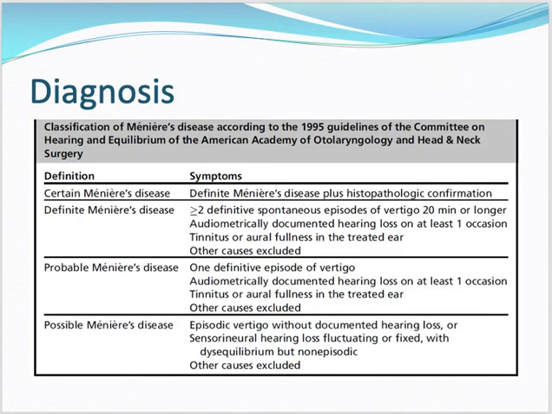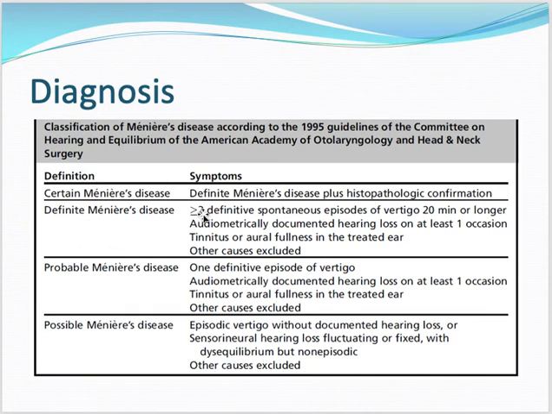You can see here a very good and easy chart for the diagnosis. So see the definition: certain Meniere disease is when someone who has definite Meniere disease has histopathological confirmation.